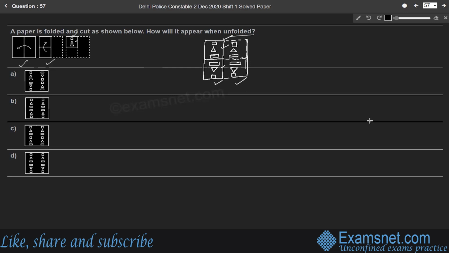So here in the options, look at option D. Upper portion, lower portion, second portions are inverted, right? So second portion is inverted to the first portion, whereas third and fourth portions are mirror images of second and first portions respectively, right? Therefore, option D is the right answer.